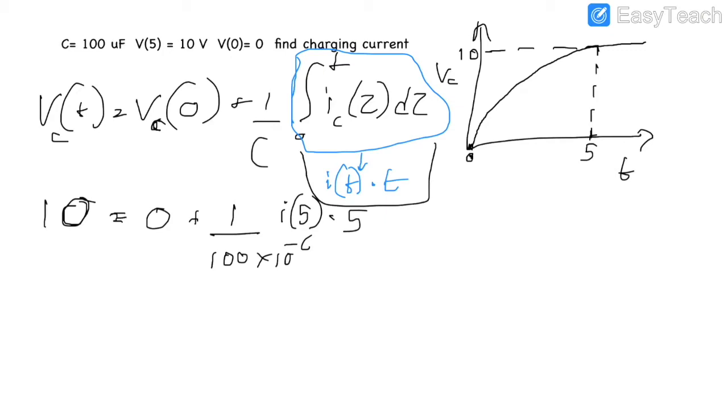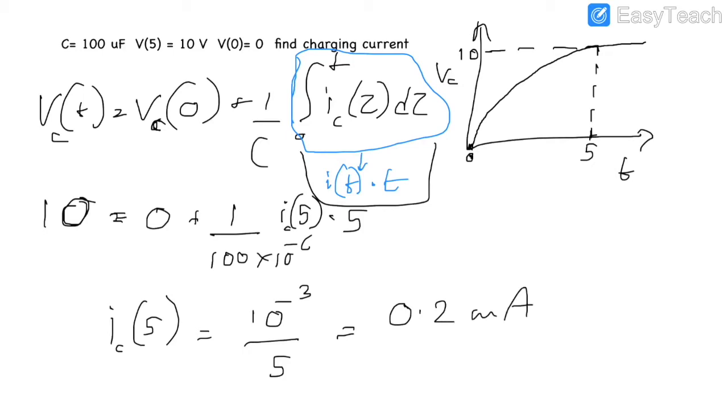So just rearranging the terms, I'm going to keep my I of 5 where it is. I'm going to write IC of 5 is, so the 100 microfarad, the C value, goes to the other side, so that's going to be 10 power minus 3. 1000 times 10 power minus 6 is 10 power minus 3, divided by 5, so that's 1 by 5, which is 0.2. I'm going to keep 10 power minus 3 as it is, so it's 0.2 milliamperes.